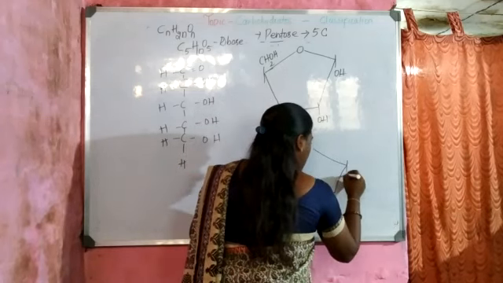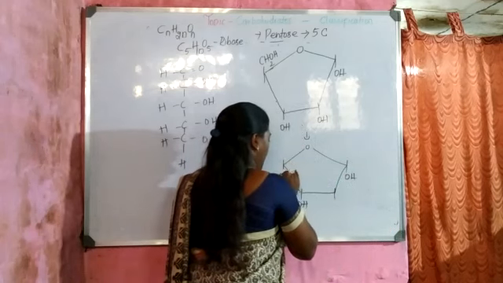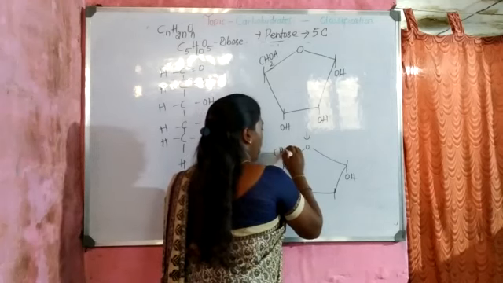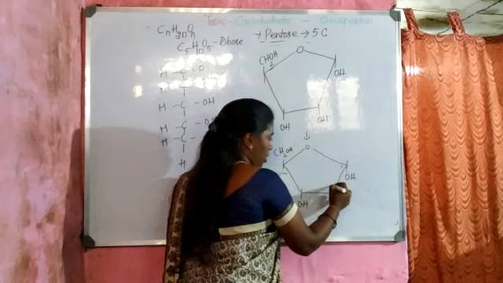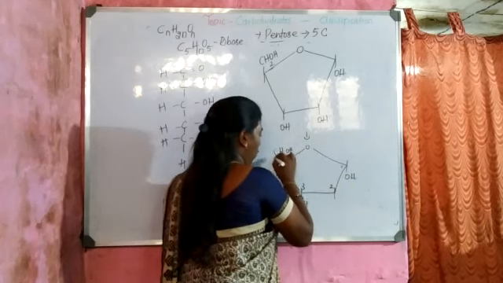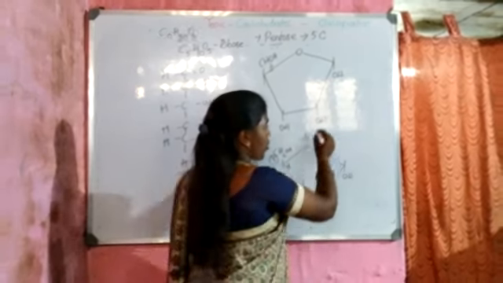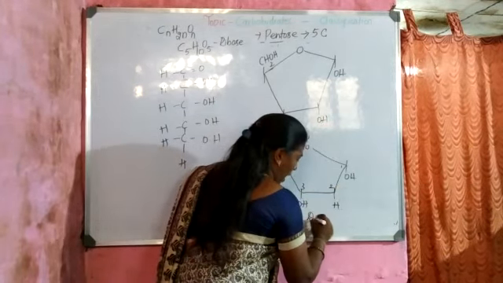It will be like this. Here are carbon atoms 1, 2, 3, 4 and 5. On the second carbon atom, instead of OH, we have only H.